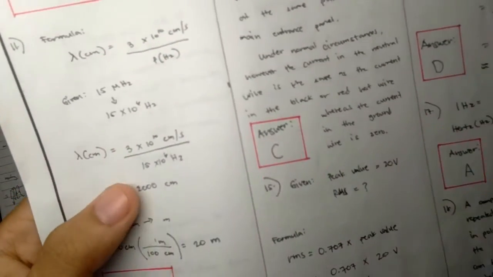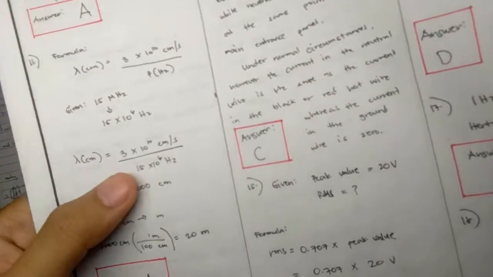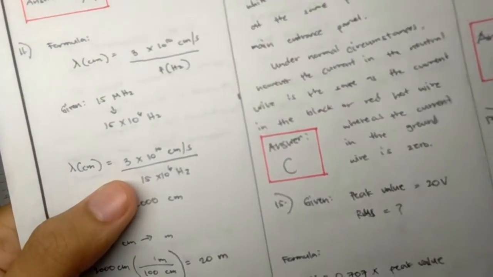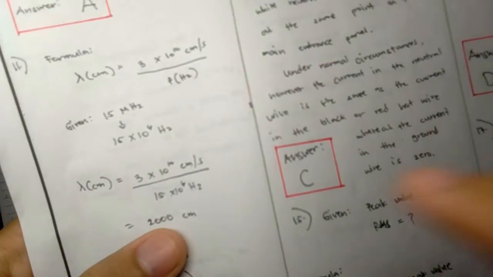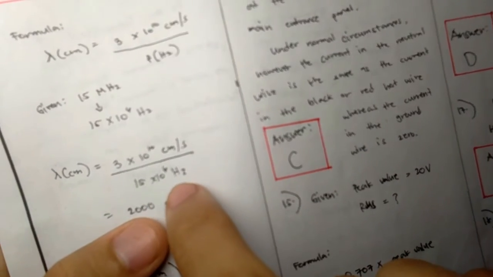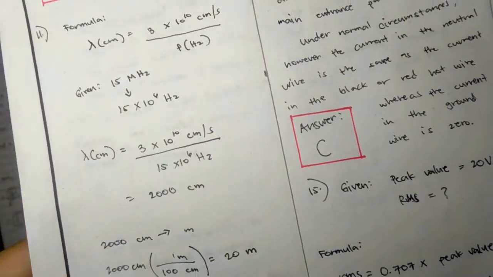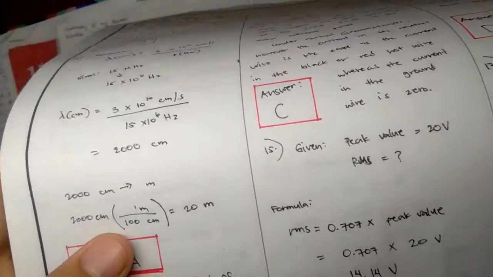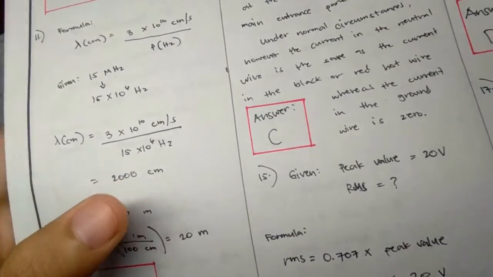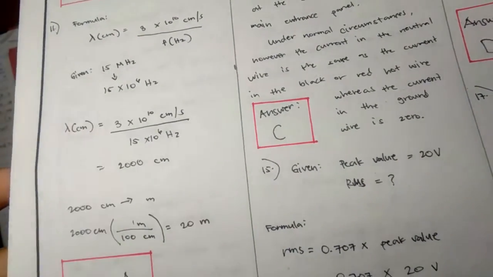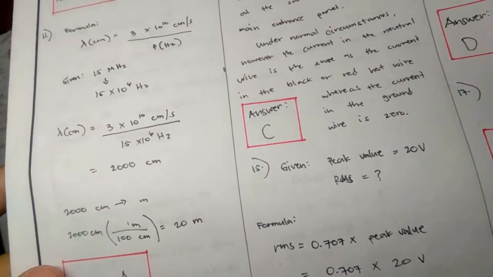Then, wavelength is equal to 3 times 10 raised to 10 centimeters per second over 15 times 10 raised to 6 hertz, which is 2000 centimeters. Convert 2000 centimeters to meters, which is 20 meters.